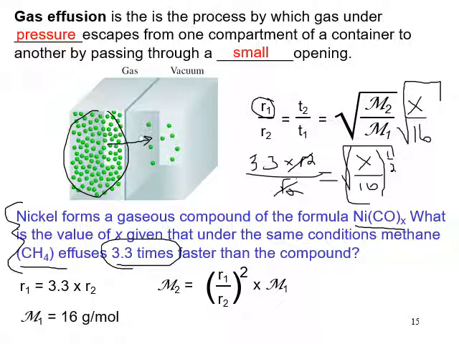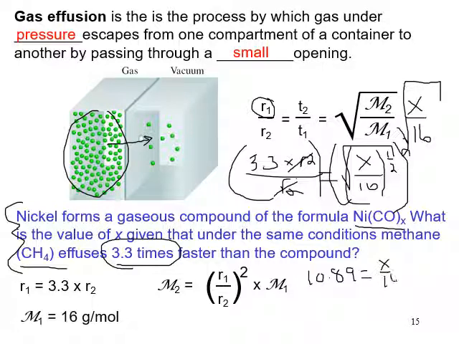So I'm going to square both sides, because I'd like to get rid of this 1/2 power. 3.3 squared is 10.89, and that equals X over 16. Times both sides by 16, and I get 174.24 grams per mole. There it is.